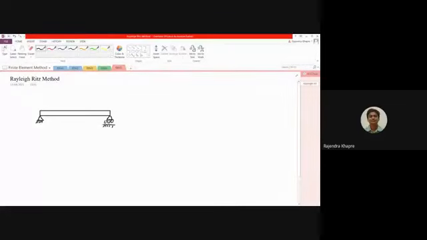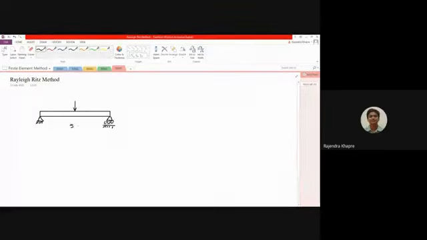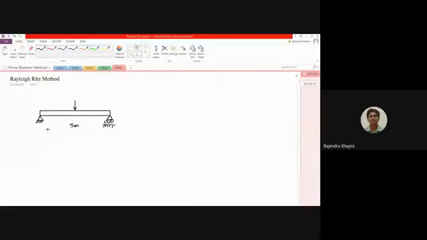On this beam there is a load acting like this. Let us assume the length of the beam as 5 meters, the distance from this point to this point.